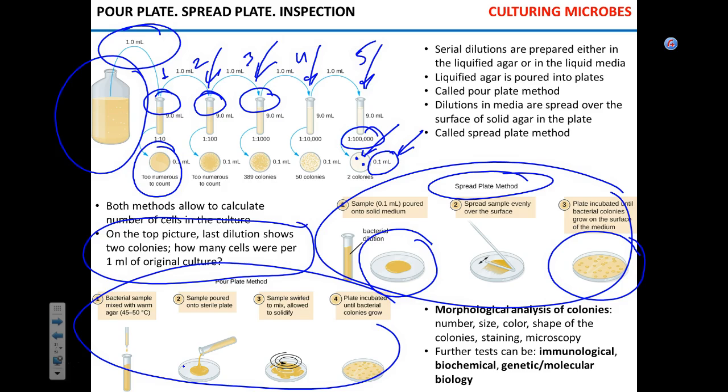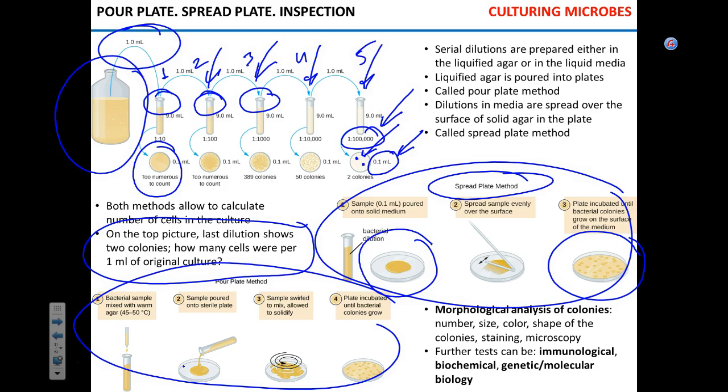When we move to colonies, everybody's kind of stunned. There's no difference between bacteria and apples, believe me. So we have 20 cells in 1 milliliter in dilution 5. That's the dilution factor. So in the dilution of 100,000, there are 20 cells per ml.